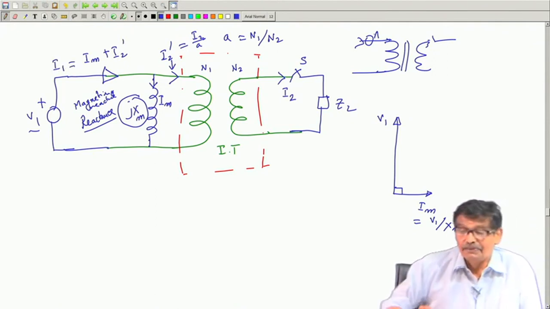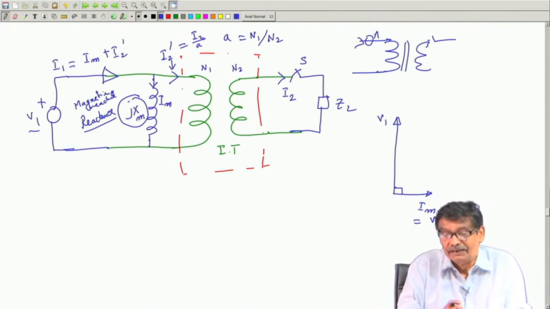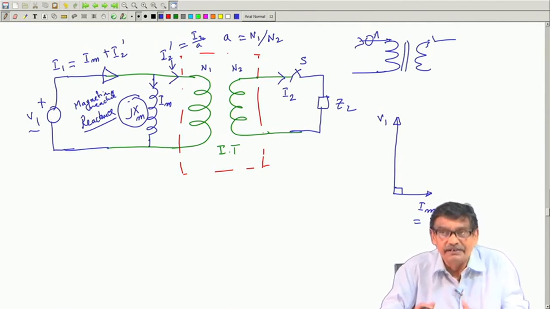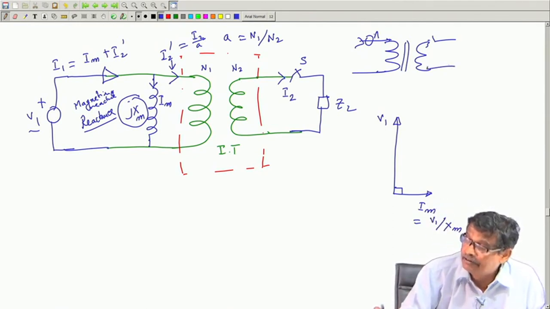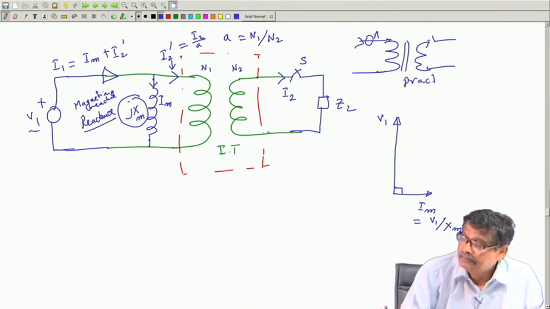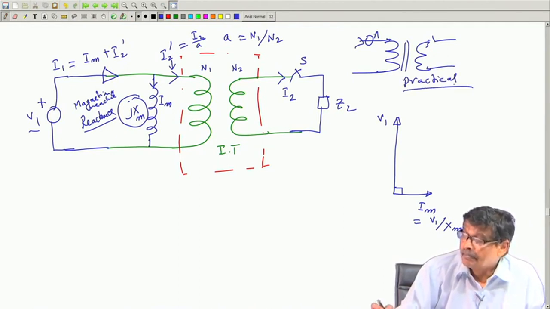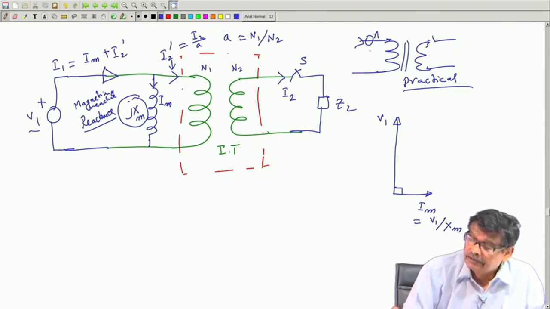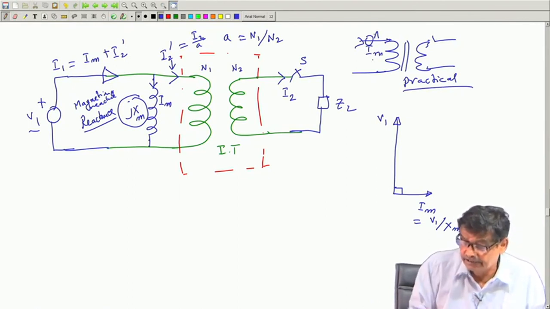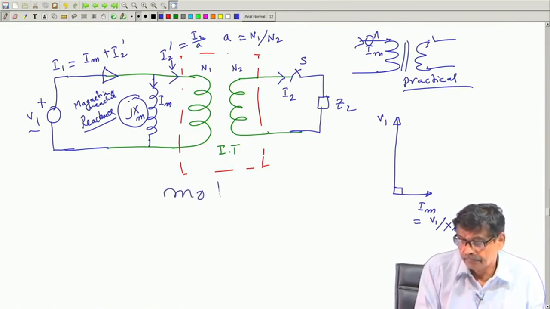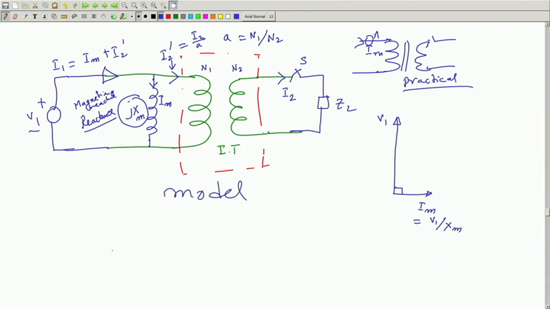You have to add this, and this is exactly correctly representing what I have observed in a practical transformer with S open. With S open, the current drawn is Im, is it? Yes, in this model, this is a model, mind you. This model comprises an ideal transformer with a reactance.